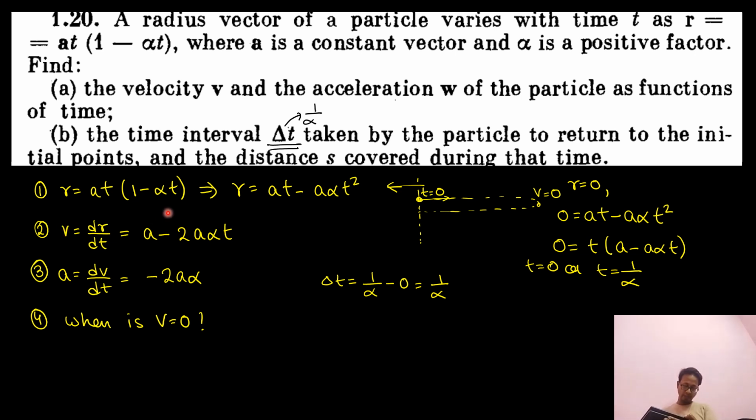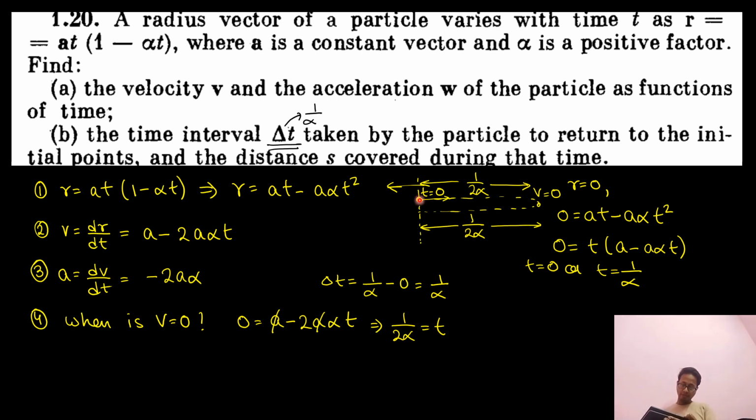This value: v = a - 2a alpha t = 0. So 0 = a - 2a alpha t, or t is equal to how much? a and a got cancelled. 1 by 2 alpha. So t = 1 by 2 alpha. So in exactly half the time, 1 by 2 alpha, this particle moves from here to here, and in the next 1 by 2 alpha time, this particle moves from here to here.